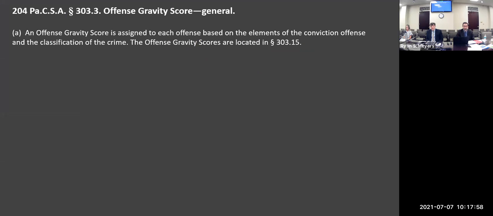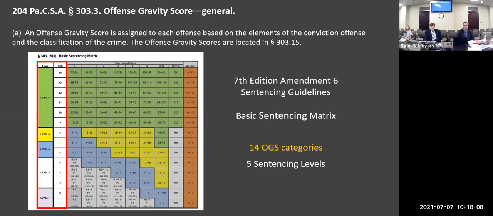Briefly, as has been discussed, an offense gravity score is assigned to each offense based on the elements of the conviction offense and the classification of the crime. In the current matrix, we have, as Mark noted, 14 OGS categories on the vertical axis, going from 1 at the bottom, the least severe, to 14 at the top.